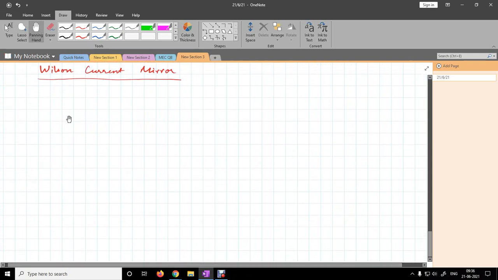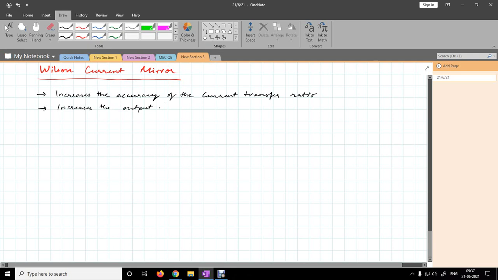So here this has the advantage of increasing the accuracy of the current transfer ratio, and also increases the output resistance.